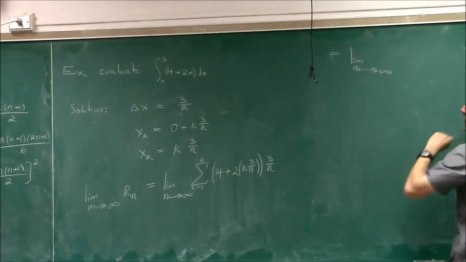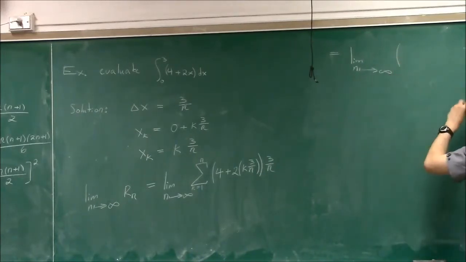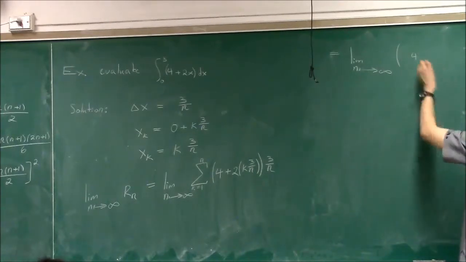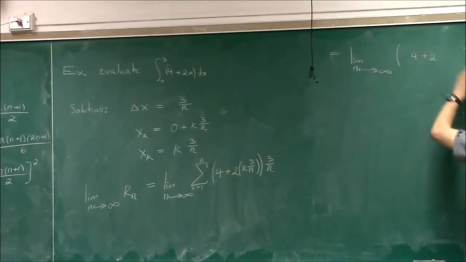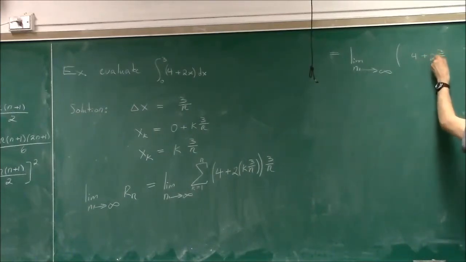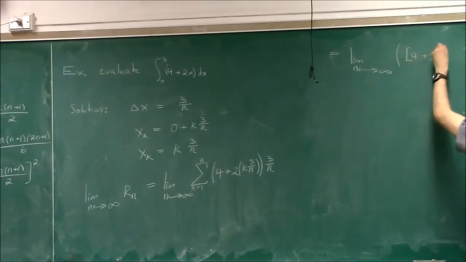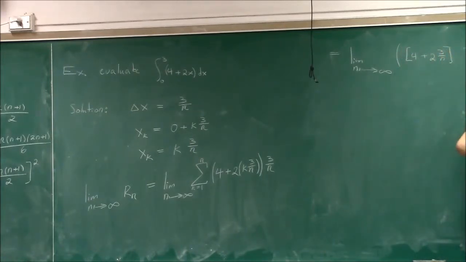So can you see that this is the sum of 4 plus 2 times 3 over n? No squares yet. Oh, but we can make them if you multiply 3 over n. Sure, but I'll keep it for now like this. By the way, this is a redundant step.